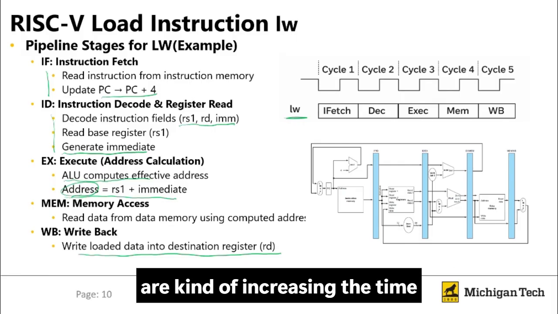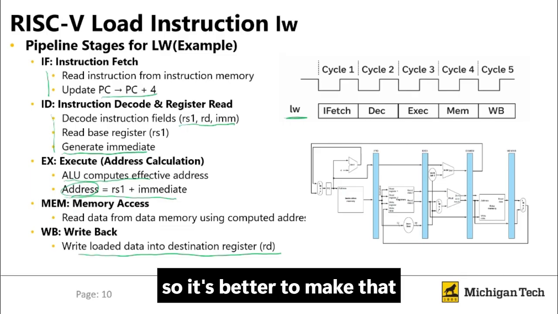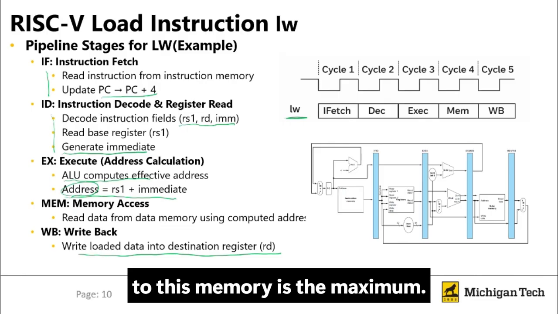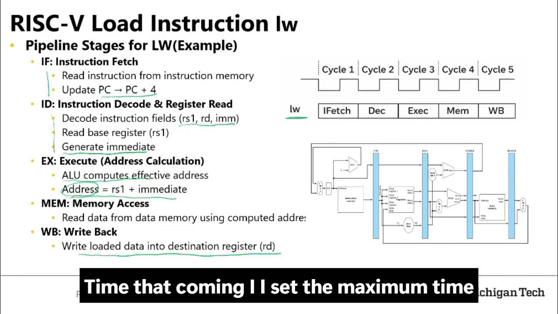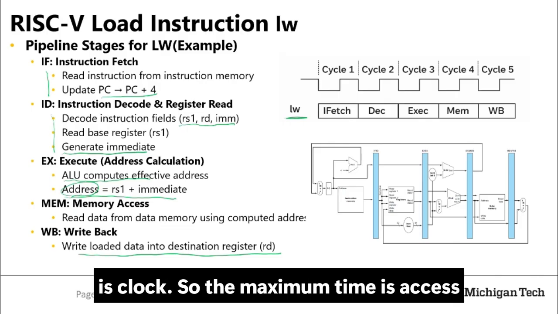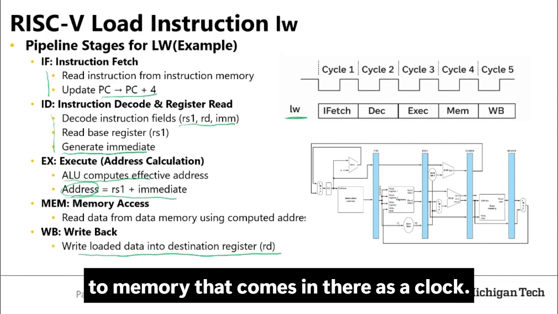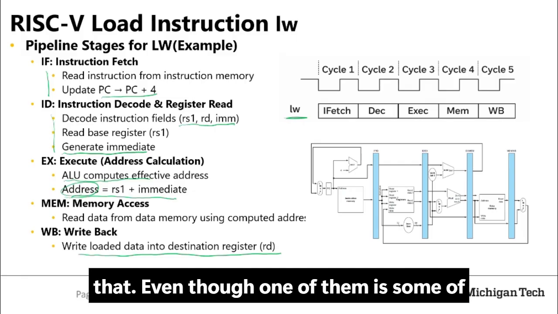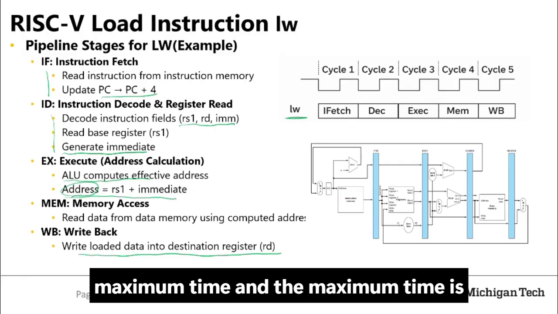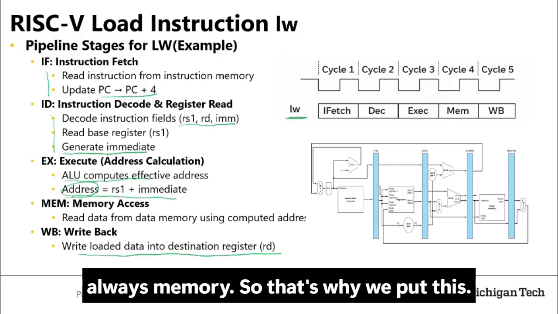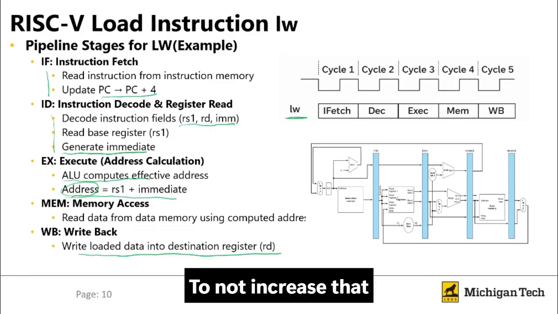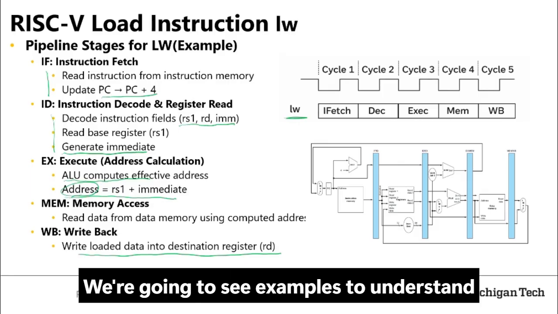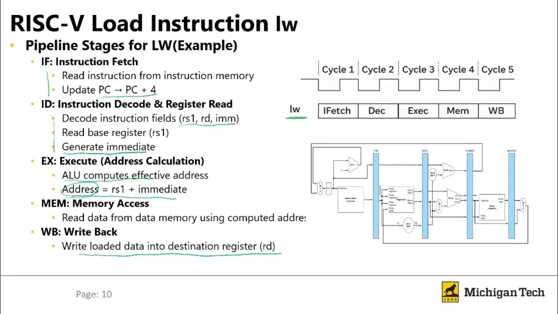So you are increasing the time. It's better to make that shorter. Access to memory is the maximum time, and the maximum time is the clock. We consider all stages equal to that. Even though some of them are smaller, we still consider the maximum time, and the maximum time is always memory. So that's why we put this in, to not increase the clock. We're going to see examples to understand that more. Any questions about this?